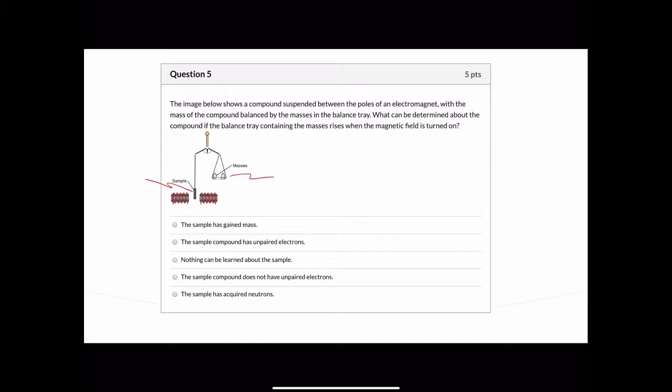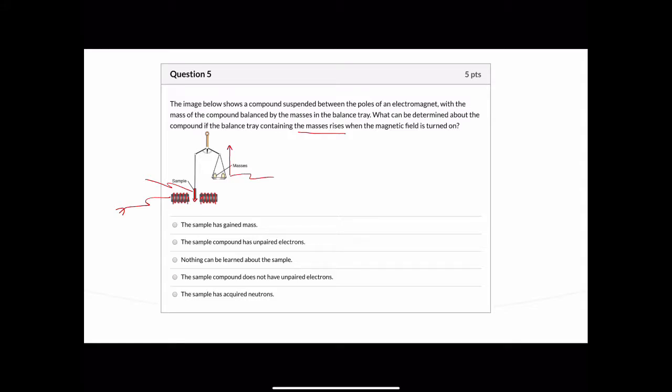So when the electromagnet is turned on, this sample is being attracted in between the two poles of the electromagnet, and therefore the mass is going to rise. So that tells us that the sample is being attracted to the magnet.